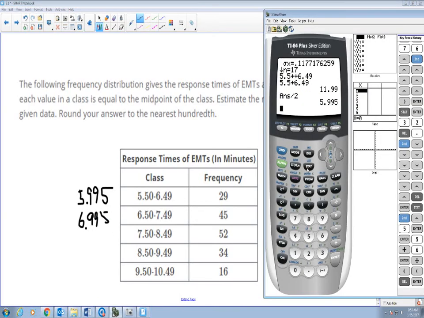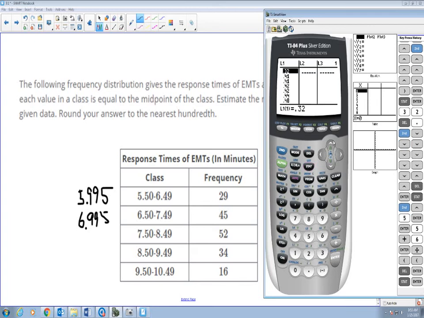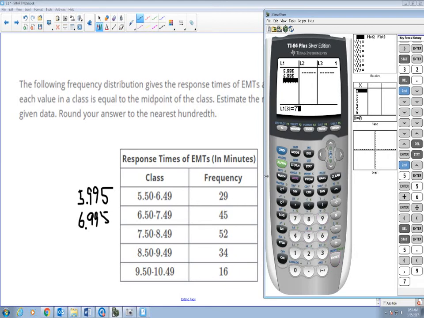So if I know that, I can go ahead and just go to my edit. Clear out my L1. 5.995, 6.995, 7.995, 8.995, and 10.995. Alright. Go to my L2.